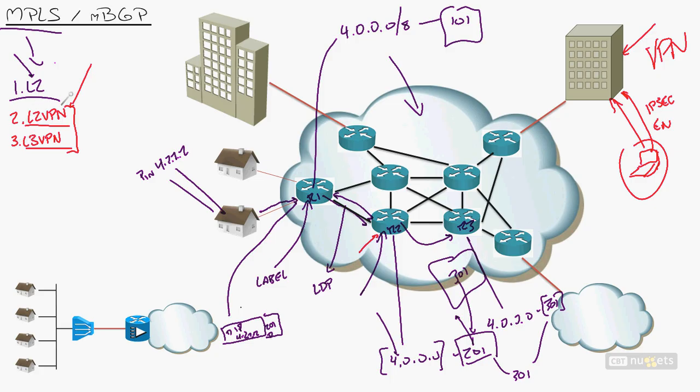L2 VPN allows a business to use the carrier as if it were their own. I don't want to get too deep into it at this point, but here's the overview. Let's just say I've got this office up here, CBT Nuggets in Oregon, and this office is CBT Nuggets in Arizona.